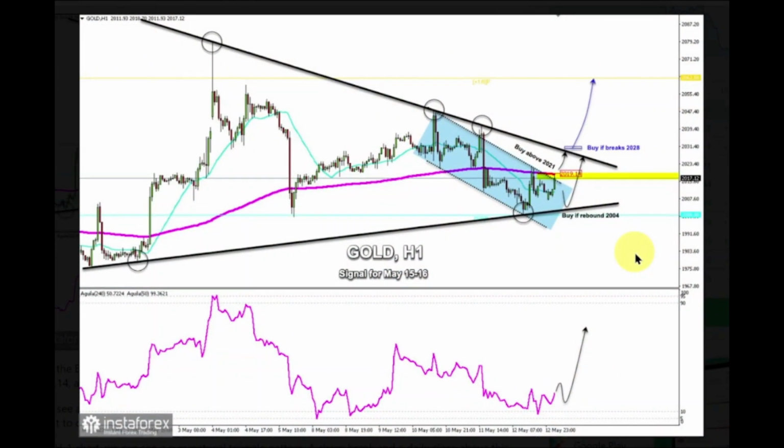Gold, sweet gold. We've got a trading plan for this commodity asset presented by Dimitrios Tsoupas. Early in the European session, gold is trading around 2017, below the 200 EMA located at 2019, and within the downward channel formed since May 9.